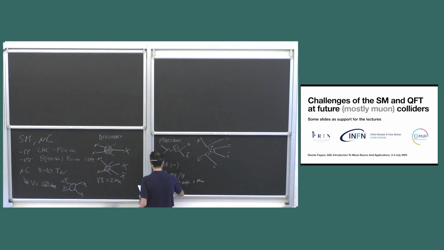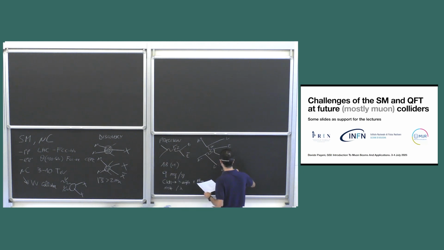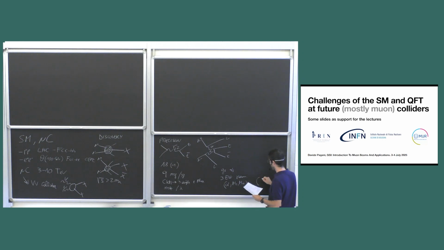Then you have the mass of the Higgs, or alternatively lambda of the potential. Then you have g_s or alpha_s, the strong coupling, and especially you have 3 electroweak parameters that can be alpha, MZ, MW, but this is just a set. You can also decide to use another set like alpha, the Fermi interaction G_F, MW. So you have 18 parameters plus 1.